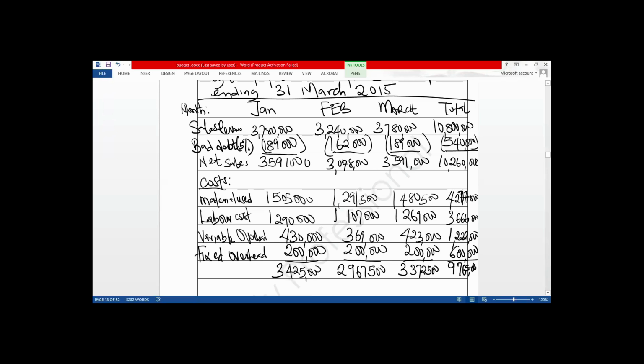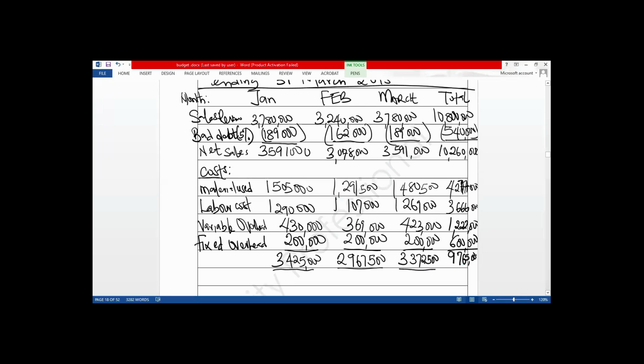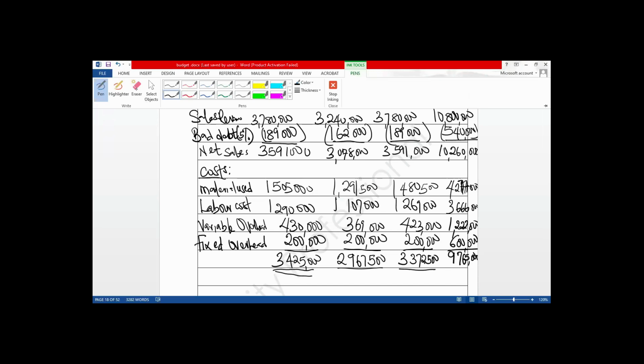You have gotten the manufacturing cost. When you are done, close this, close this, but don't close at the end of the month. The manufacturing cost at the end of March is 9,765,000.